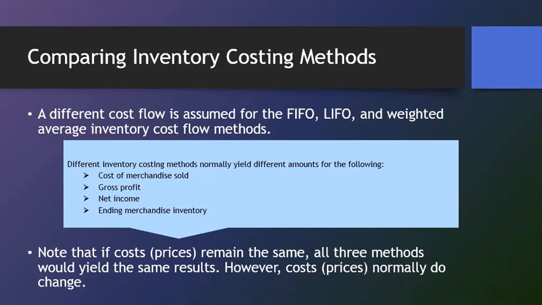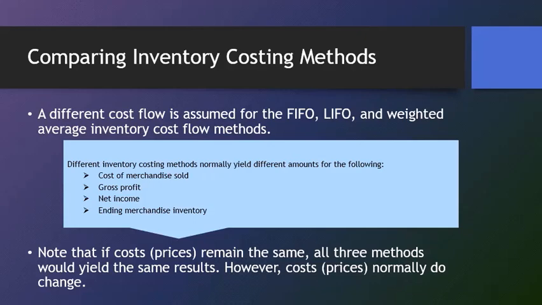So assuming that they are changing as they normally would, we will see differences between FIFO, LIFO, and weighted average when we compute the cost of merchandise sold, when we compute gross profit, when we, of course, compute net income, because if cost of merchandise sold and gross profit differ, it's going to affect net income.